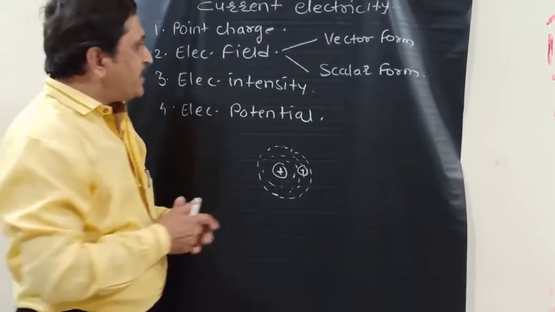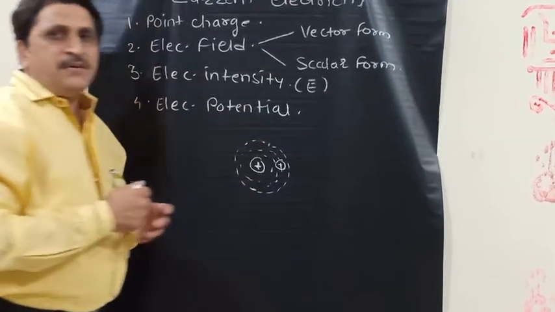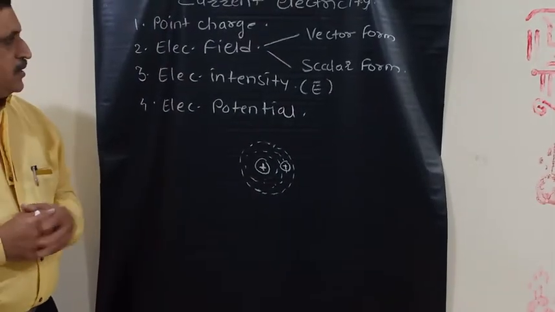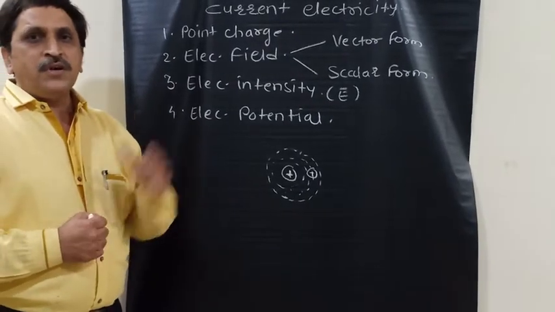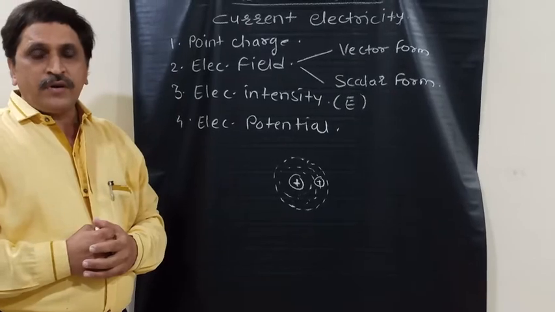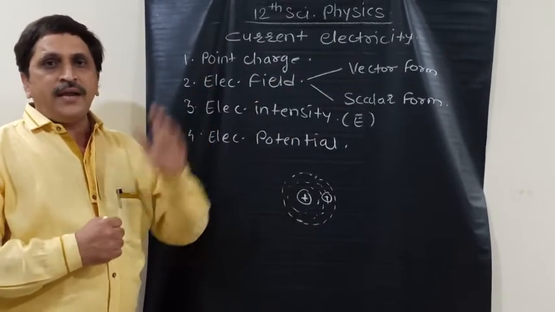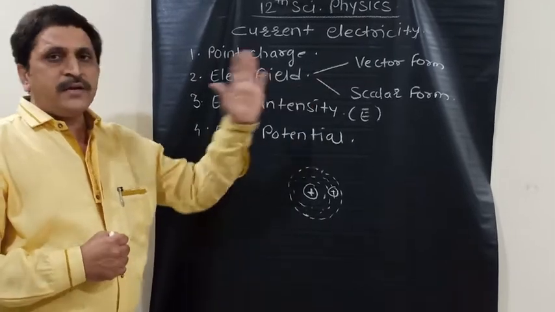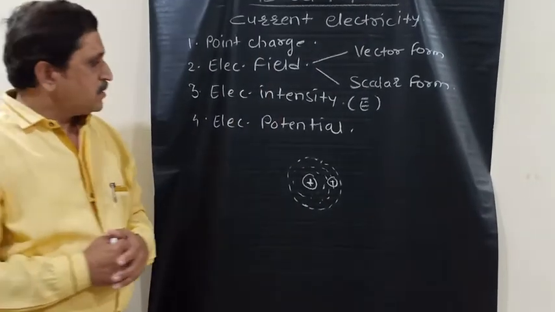Now what is electric intensity? First of all, it is a vector quantity. It is always represented by vector E. Electric intensity is defined as the electric force per unit charge in an electric field. What I am telling is, electric force per unit charge in an electric field is known as electric intensity. It is a vector quantity.